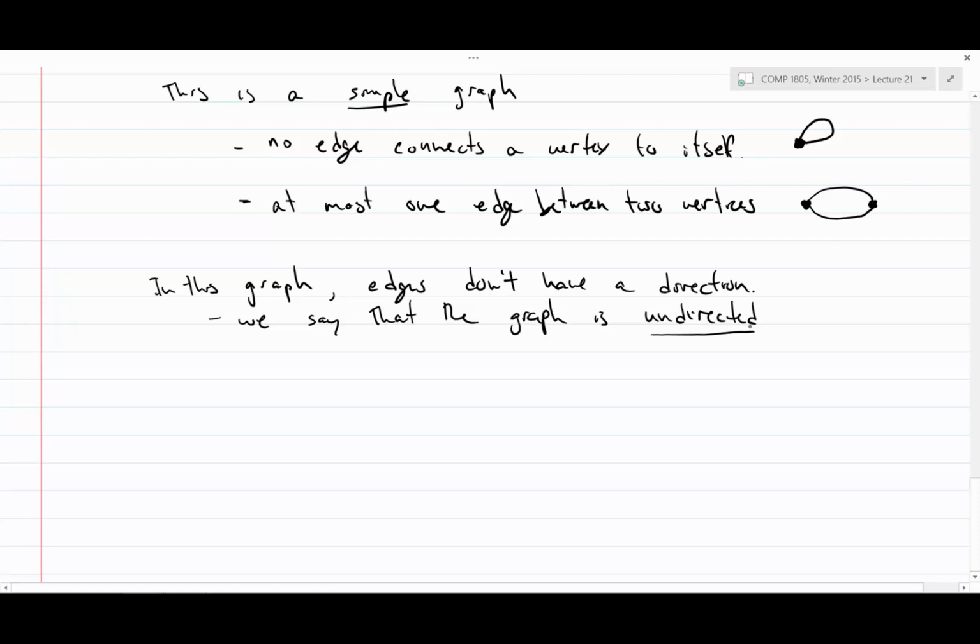Because the graph is undirected, to define an edge, you really just need the names of two vertices in any order, and that defines the edge. So in an undirected graph, edges can be represented as sets consisting of two vertices.